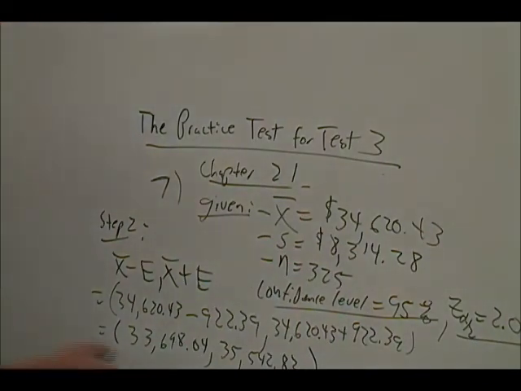So let's move on to problem 8. In problem 8, we're given a similar set of statistics where instead of trying to estimate the mean annual income of all U.S. or American households, we're now trying to determine or estimate the mean annual income of all European households.